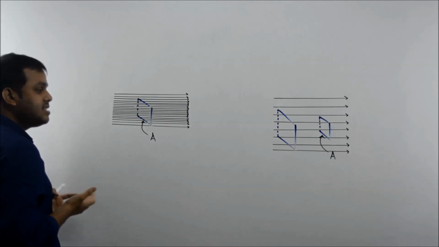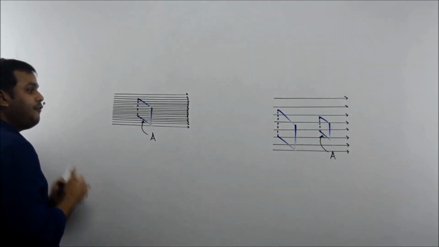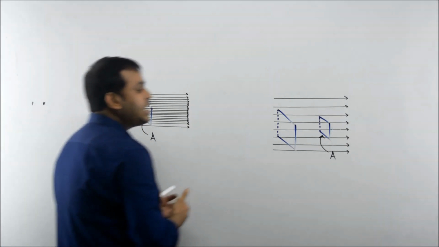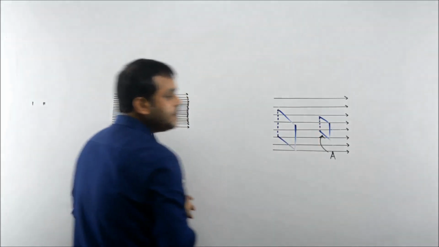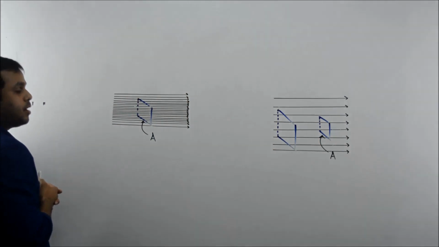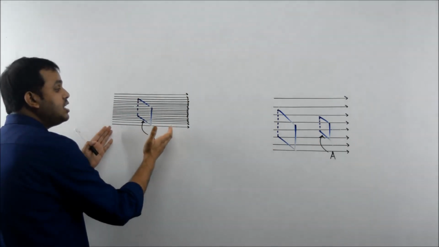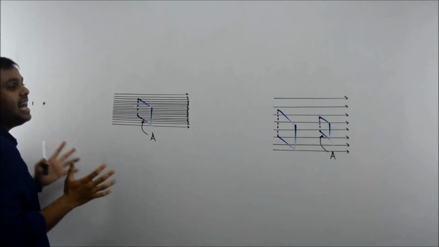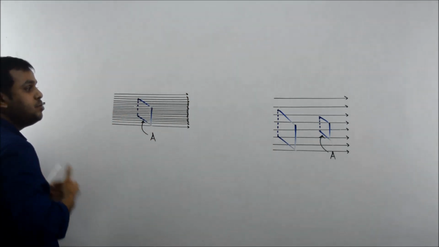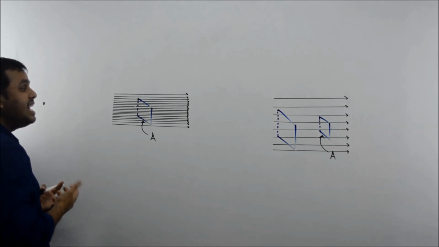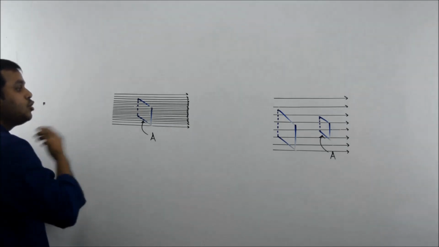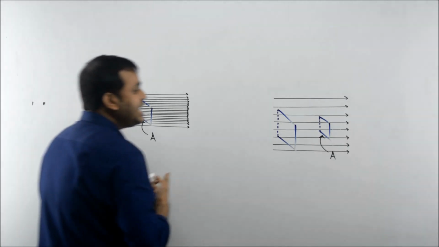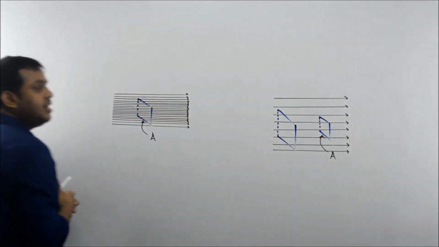Students, clearly you can see that electric flux through this area is greater than the electric flux through this area, because this region of electric field is strong. That means the electric field lines will be much more dense, or you can say the electric flux through this area will be much more than the electric flux through this area.